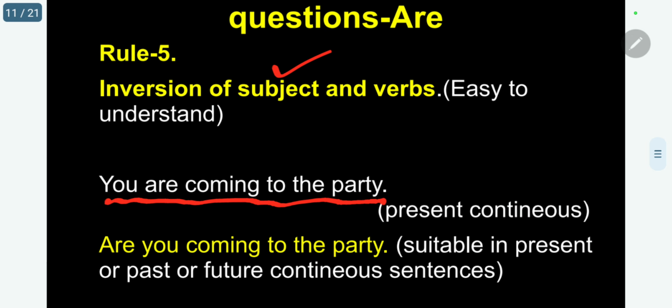Simple, I will invert: put are before you. That's all, the rest remains the same. The question now is: are you coming to the party? The answer is yes, I am coming to the party, or no, I am not coming to the party. So asking a question is very simple: inversion of subject and verb. This is suitable in present, past and future sentences.